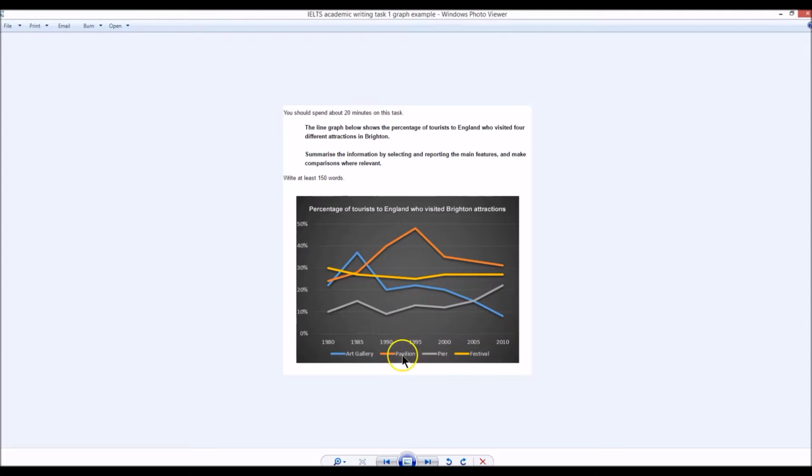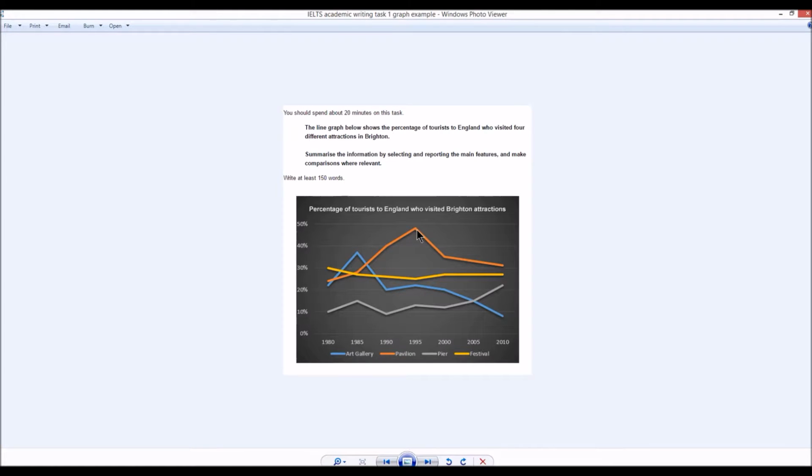Okay, the pavilion, if we look at that, it's not as sharp as that one, but still it's a significant rise, a significant increase.